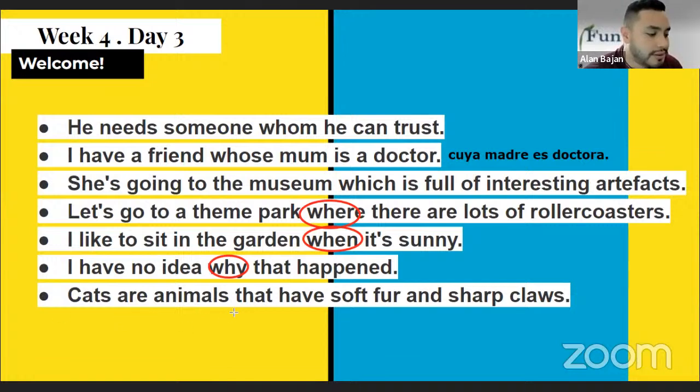Cats are animals. Okay, that's great. Cats are animals that have soft fur and sharp claws. You are describing the cats.